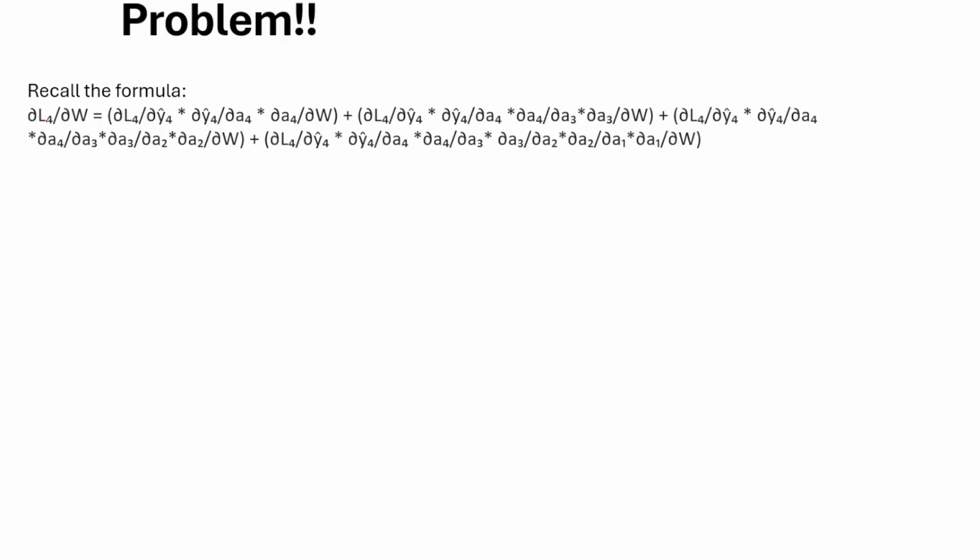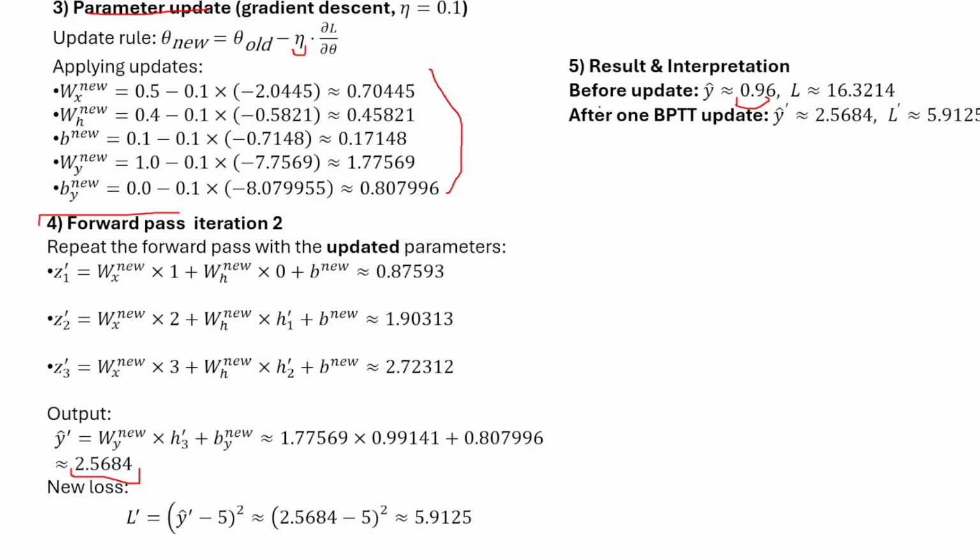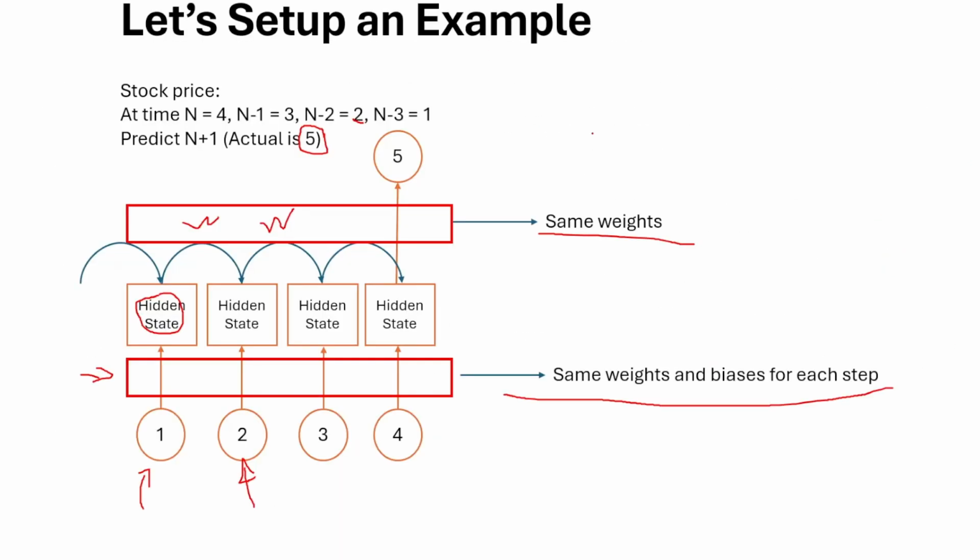This is the formula of the backpropagation. Because it depends on the weights of the previous step each time, and we said that the weights and biases are the same. Remember here, we said that the weights are the same.